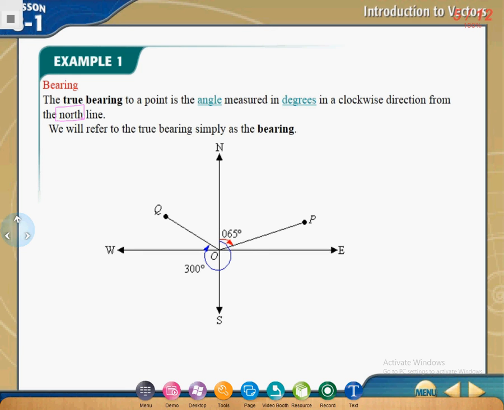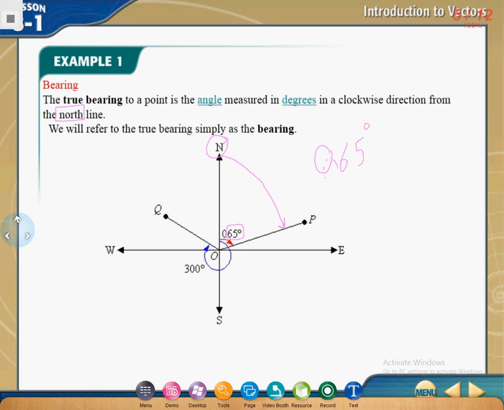This means that the vector starts moving from north clockwise until we find our angle, which is 65 degrees. We write it like 065 degrees. This means we have a true bearing here. This means again that the vector should start from north, not from anybody else.